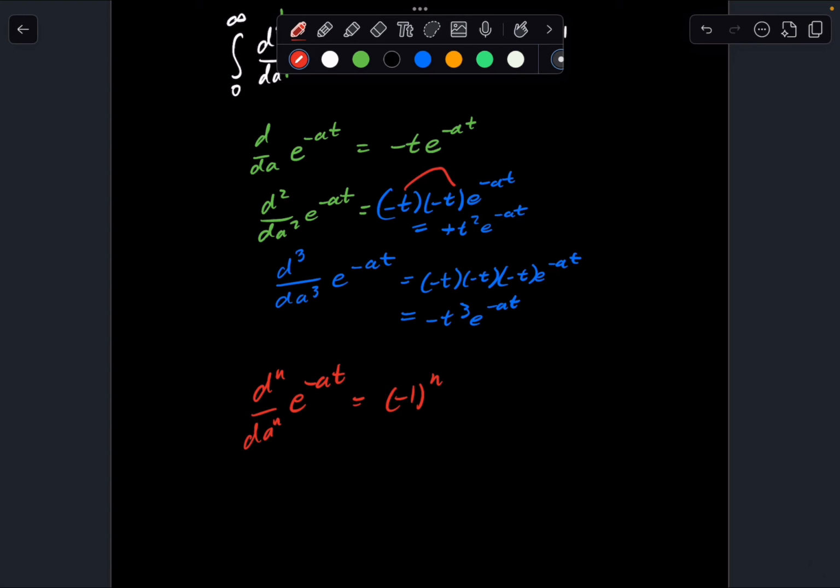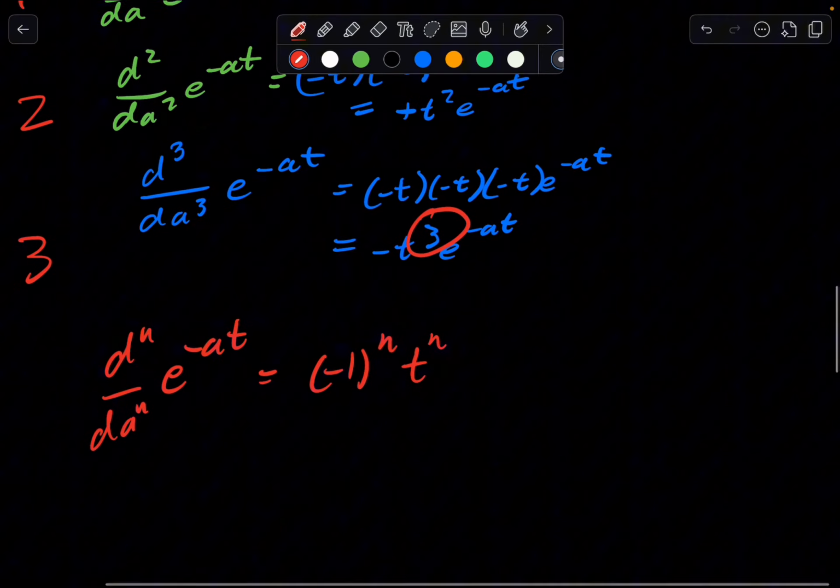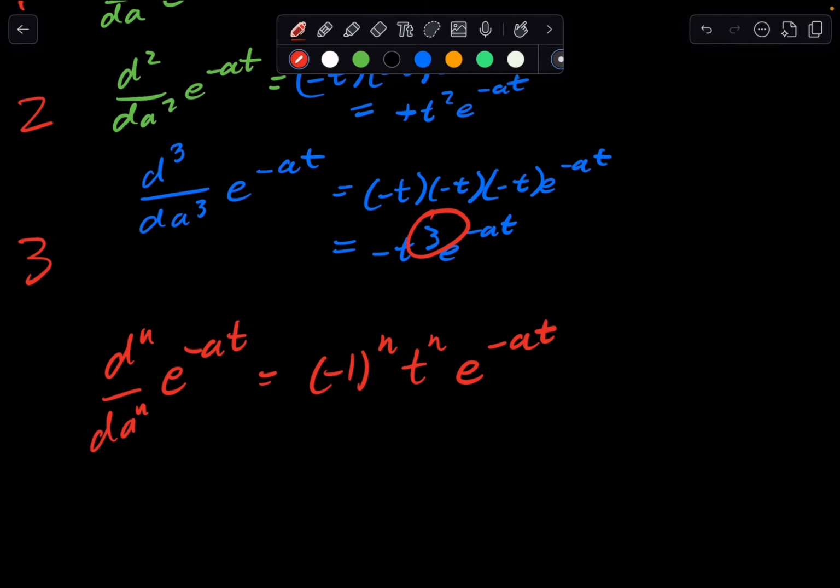We have t squared when we're taking the second derivative, t to the 1 when we're taking the first derivative, and t cubed when we're taking the third derivative. So the power of t is just equal to the derivative we're taking. So negative 1 to the n, t to the n, and then e to the negative at, just like that.